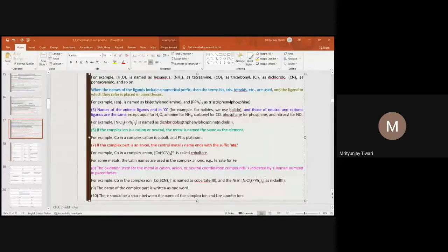So simply, there are two types of ligands you have to understand, whether the ligand is L type or X type. L type ligand means the ligand has a lone pair of electrons, and both the electrons shared with the metal are only of the ligand. However, if the ligand has a deficiency of one electron, when it forms a covalent bond with the metal, we know about covalent bonds and the electronegativity difference.